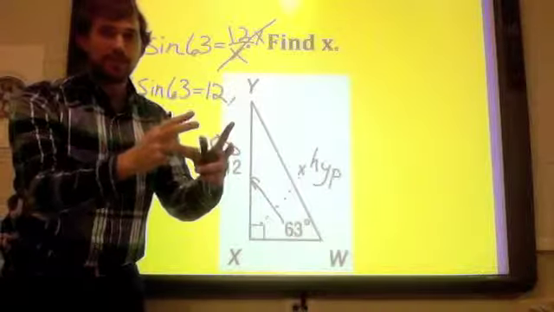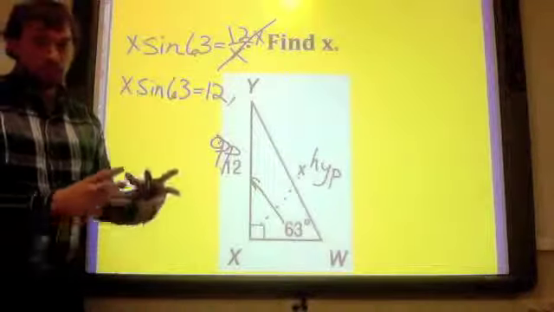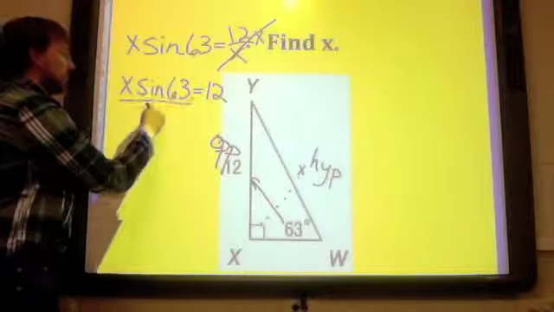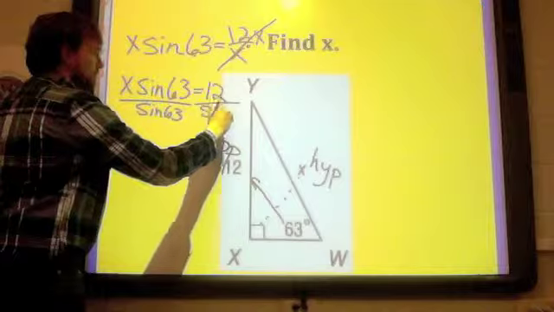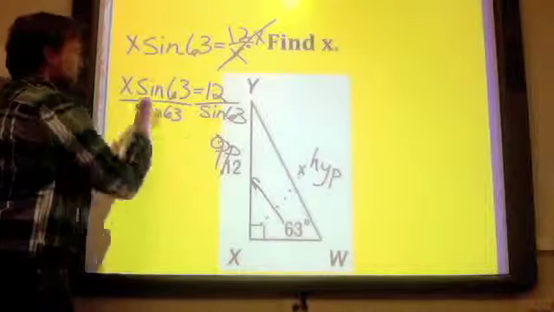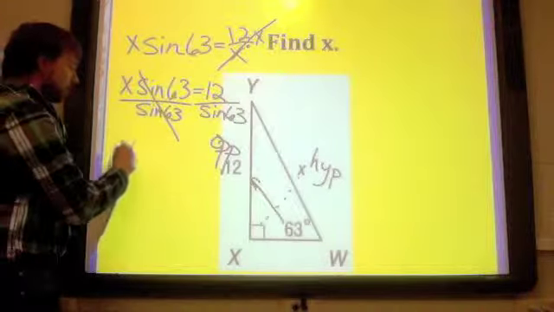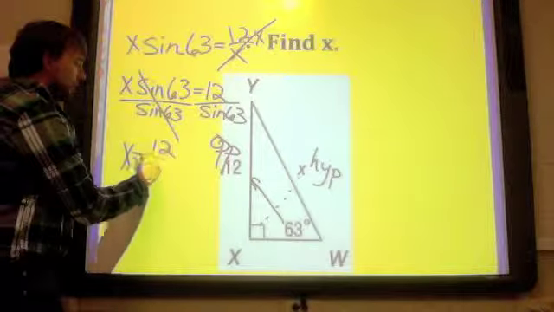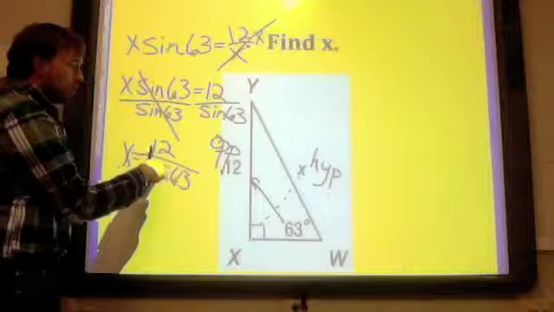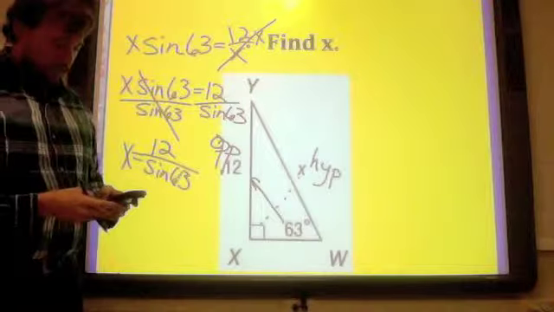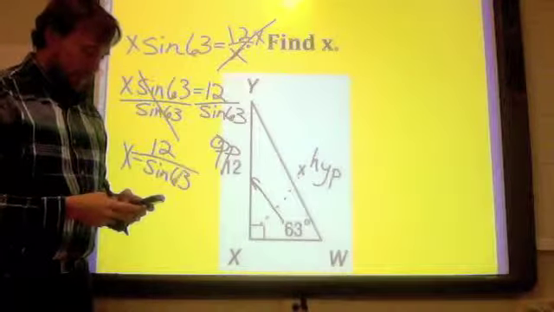It has to be together with the sine, cosine or tangent. So you divide by sine of 63. Those cross out, and you're left with x equals 12 divided by sine of 63. When I say over, I mean divided by.